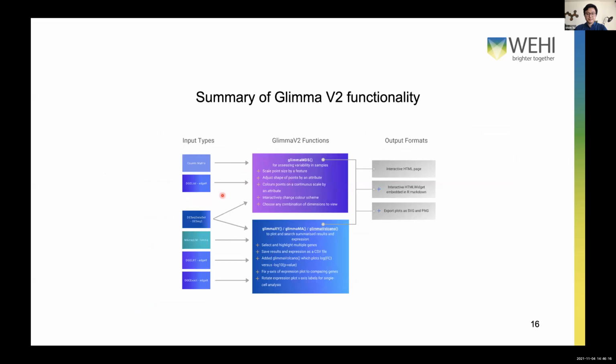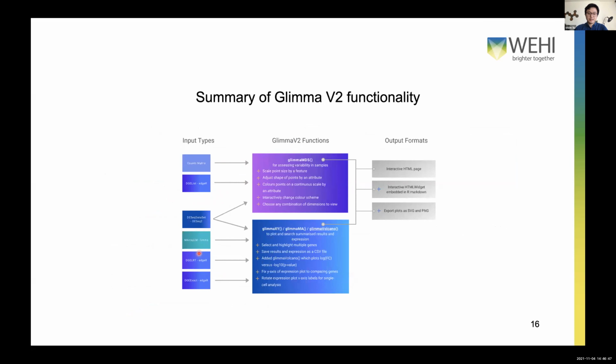And so here's a summary of how Glimma version 2 looks at the moment. We've taken all the previous functions, we've updated them, and we still maintain all the support for the different, I don't know how clear it is to see for those watching this on a laptop, but we can take counts matrices, DGEList edgeR objects, and DESeq datasets, and the various limma and edgeR outputs.